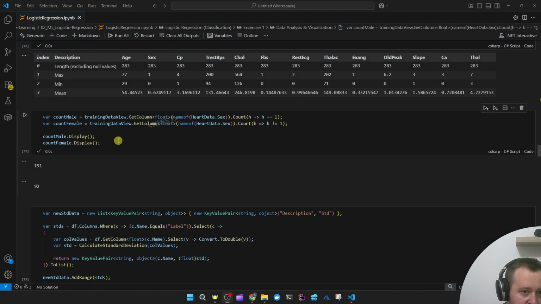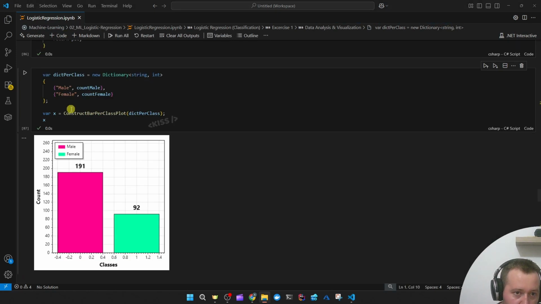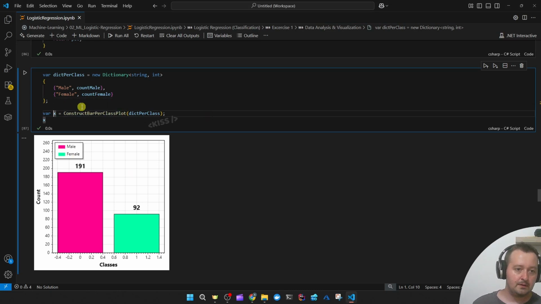And then you may have guessed it, there's almost 200 males and 100 females. So there's an imbalance in there. And then I added a plot per sex.